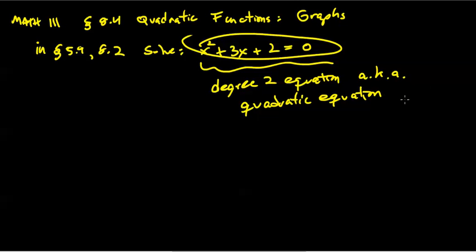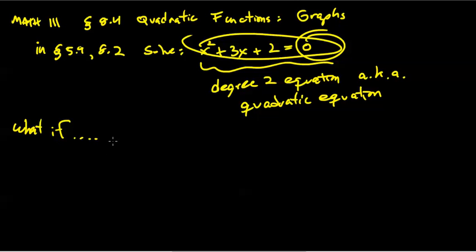But you'll notice we are always talking about reducing things to the form where you've got a degree 2 expression equaling 0. Well, what if we relax that idea that the expression has to be 0?